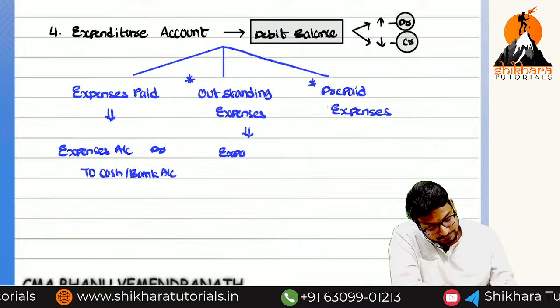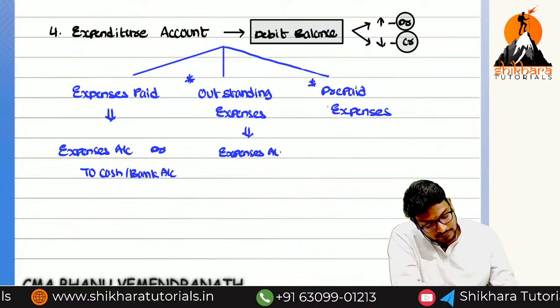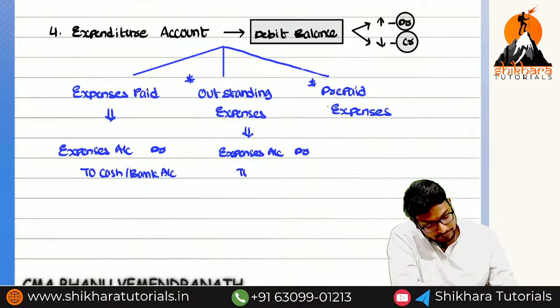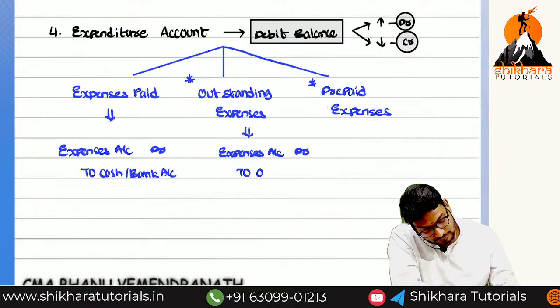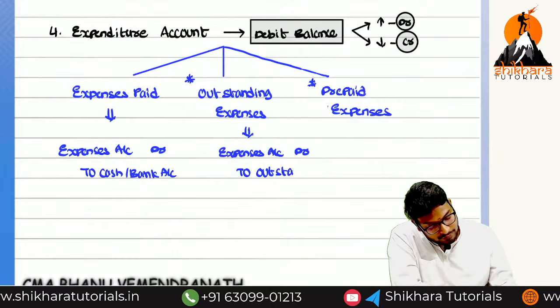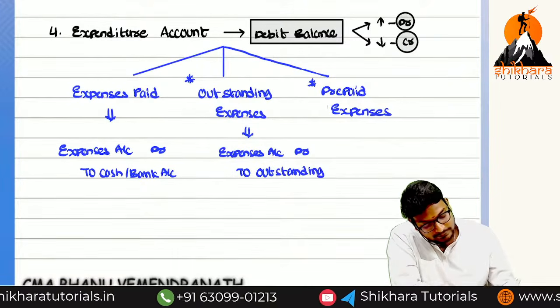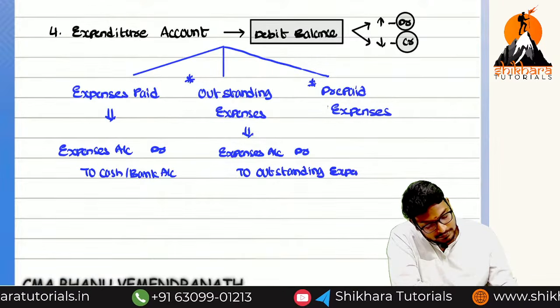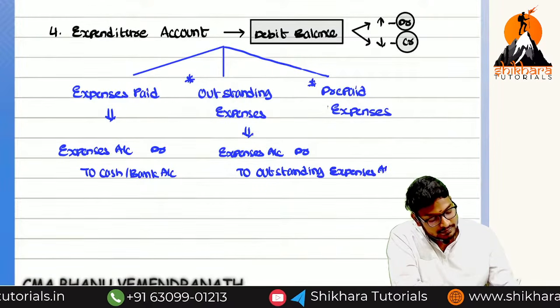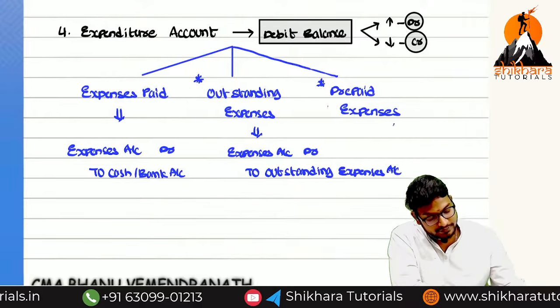Expenses account debited to outstanding expenses account. What is the entry for this one?